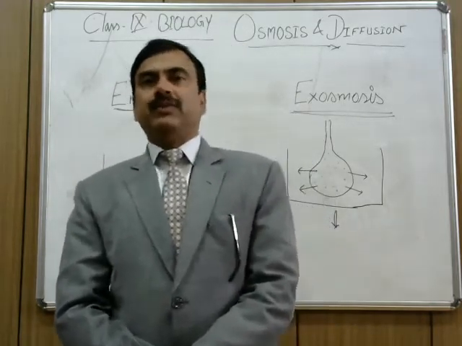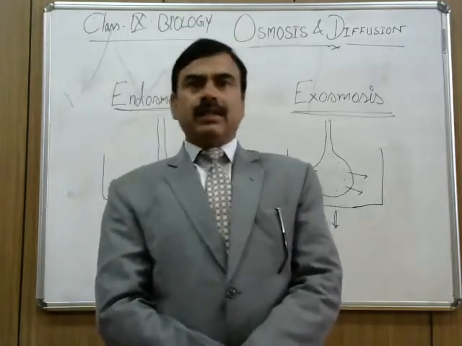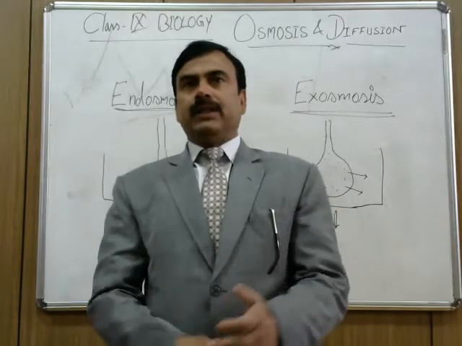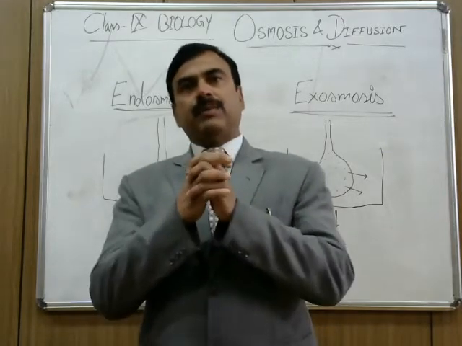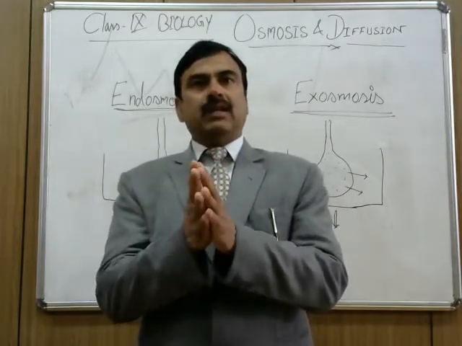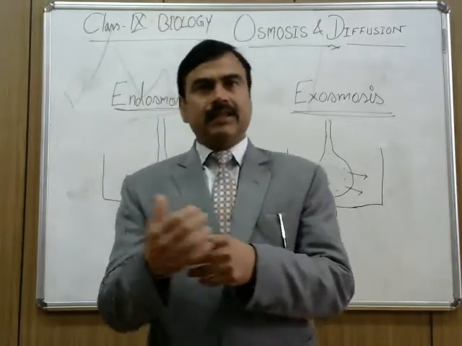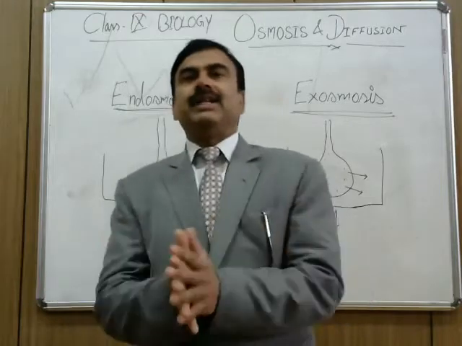Osmosis and diffusion. Dear children, when I began the bio teaching, the first topic was cell, the structural and functional unit. Then I have taken the second one, cell division.